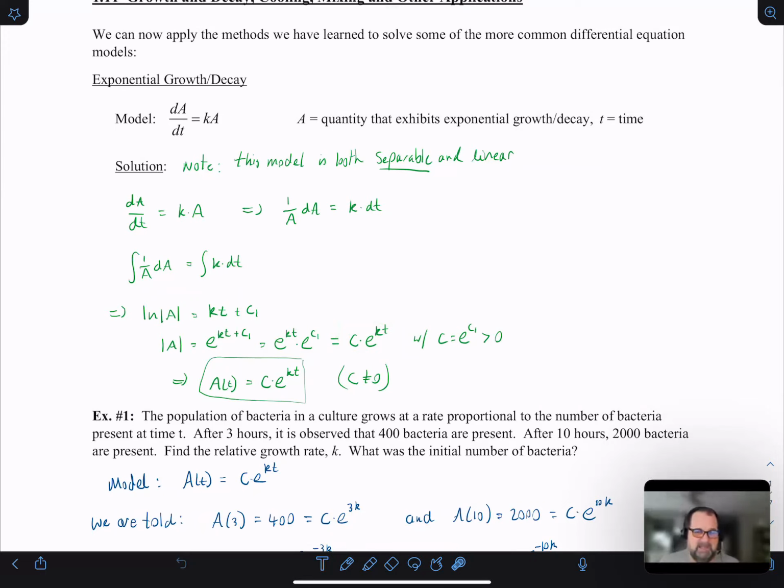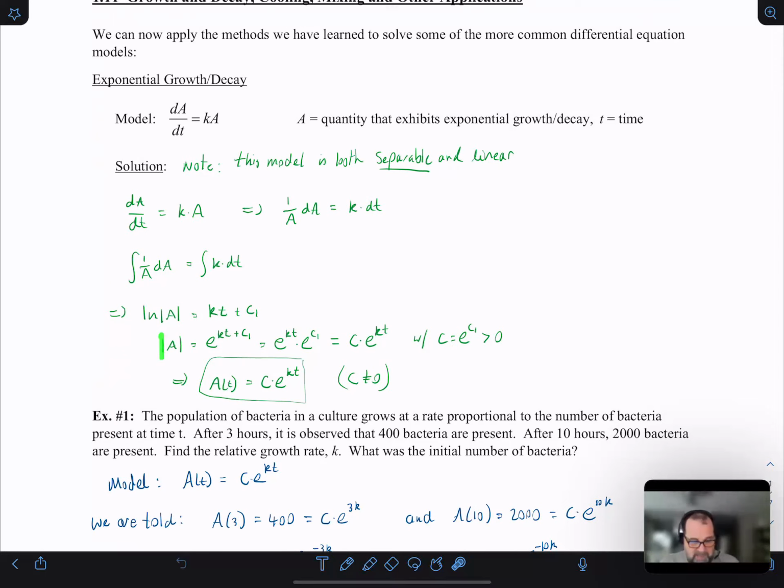But notice this is kind of strange in math here. Technically, if c is equal to e to the c1, c must be a positive quantity. E to the power of anything is positive. Think of the range of e to the x. So it would have to be positive. But notice what we can do here then.